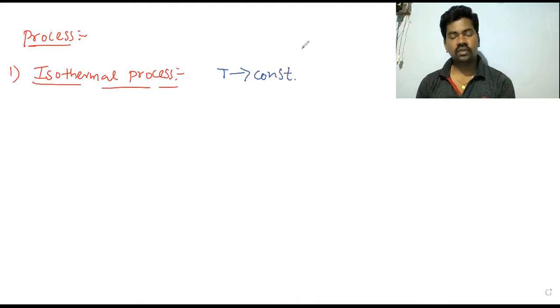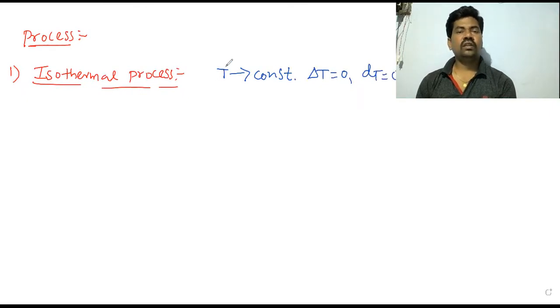If temperature is constant, then the change in temperature is zero, or dT is equal to zero. It means T is constant, say at 300 kelvins, at room temperature.